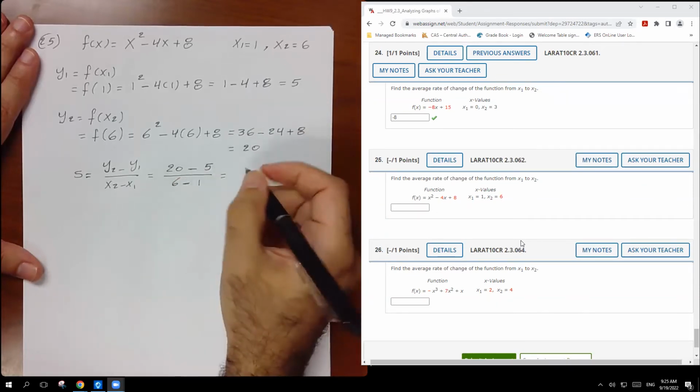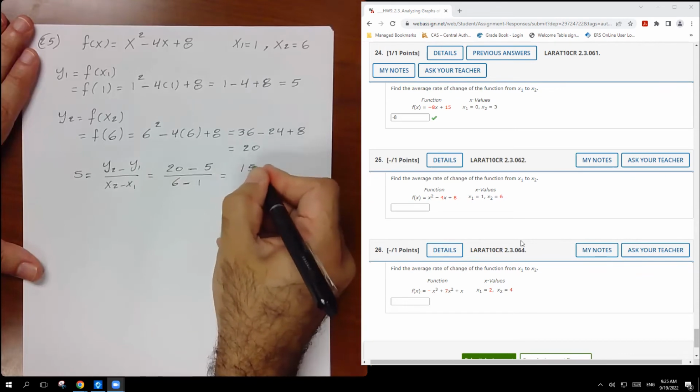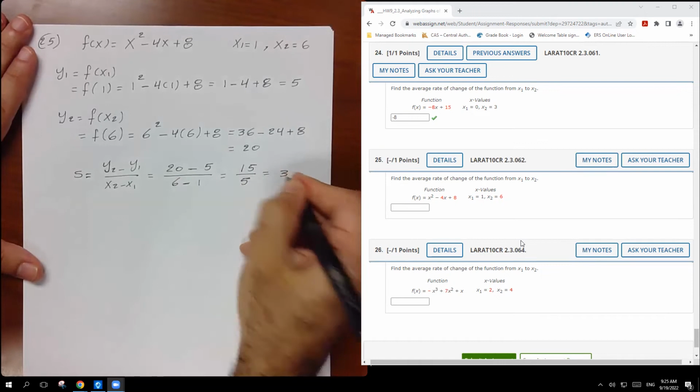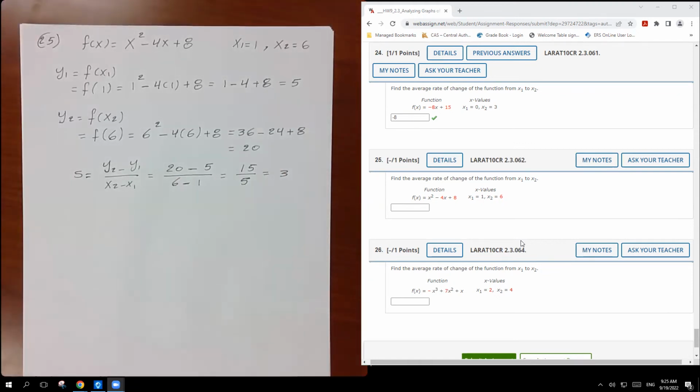So 20 minus 5 is 15, over 5, and this is going to be 3. That means the average rate of change is going to be 3. So I'm going to type 3 here, and that's it for this example.